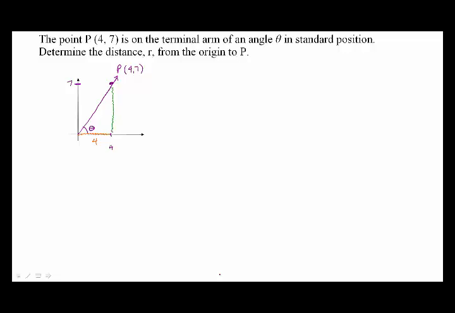That length right there is 7. So what I've essentially got is a right triangle: 4, 7, that's my 90 degrees, that's my R.